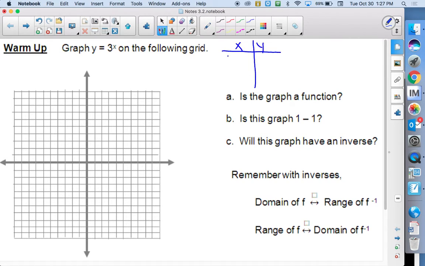All right, so -2, -1, 0, 1, 2 would be the common numbers that we pick for x. And Virginia, when you plug them in for the exponent of 3 to the x, what do you get out for y? So the negative exponent always makes a fraction. And then we can plot these points.